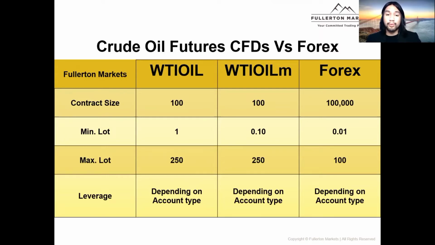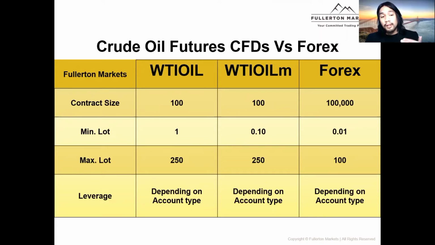Now, the main difference between WTI oil and the mini is the minimum lot size that you can open. For the regular WTI oil, it's a minimum of 1 lot, while with the mini, we can open 0.10 lots. And of course, Forex is the lowest, where you can go as low as 0.01.